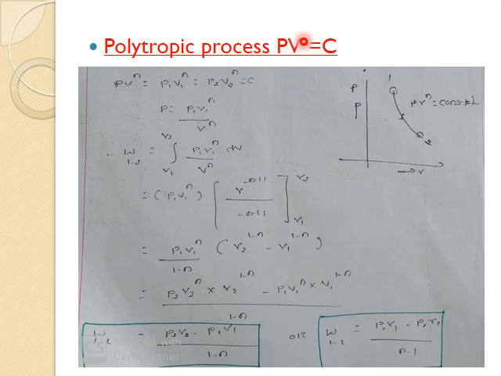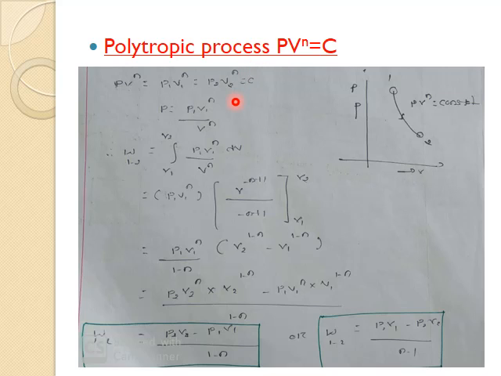Let us try. If you put n equal to 0, it becomes P equal to C, which is an isobaric process. If you put n equal to 1, it becomes PV equal to C, which is an isothermal process. So, depending on the value of n, the polytropic index, it takes the form of different thermodynamic processes.